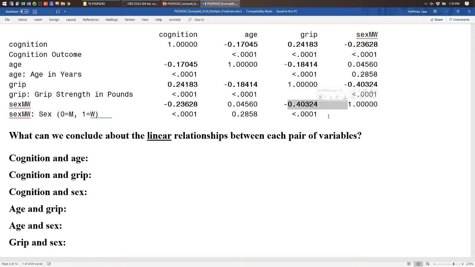So it might look like gender is telling the story if you just look at a model with gender and other stuff, or it might look like grip strength is telling the story if you just look at that, but when you look at them together, they're redundant. That is a special case of correlation that's known as singularity. You don't want that. But anything less than 1, play ball. Just keep in mind that the more related your predictors are to each other, the harder it is to see what they can do uniquely.